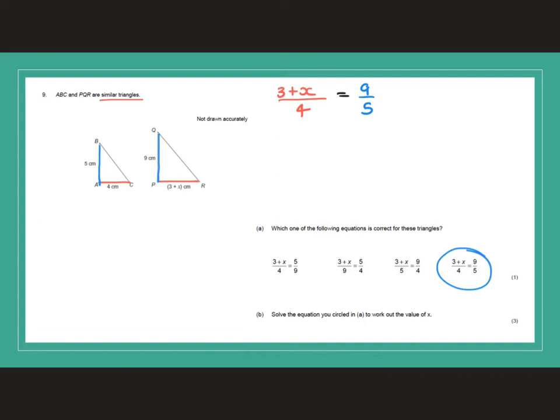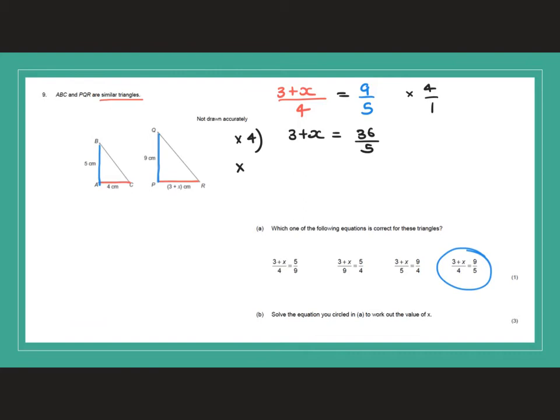Now, we can then solve this equation here. Let's multiply both sides by 4. So I get 3 plus x equals 36 over 5. Remember, you're multiplying by 4 over 1, which is why it becomes 36 over 5.